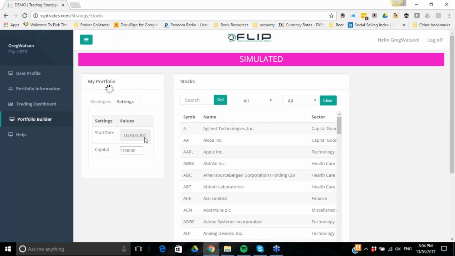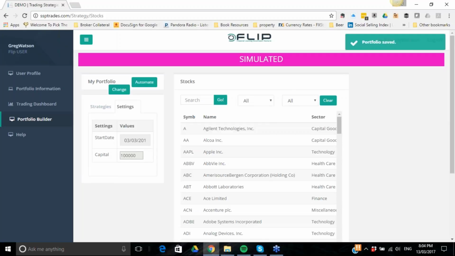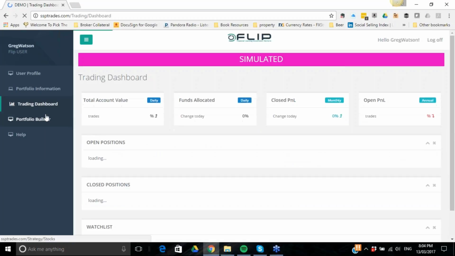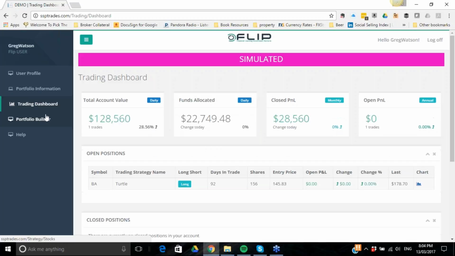So now we're only looking at a short period of time, relatively speaking. We'll go back to the trading dashboard. Once it redirects us back there, it's going to populate all the numbers for us again because it's doing its calculations in the background. So it's made $28,560 over that period of time.